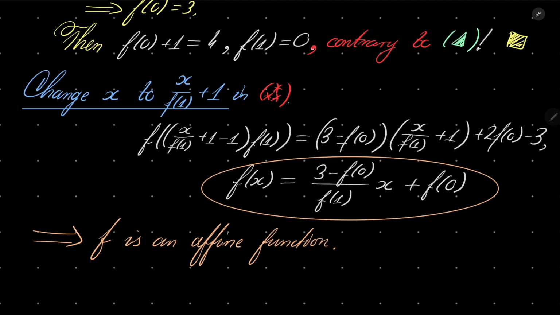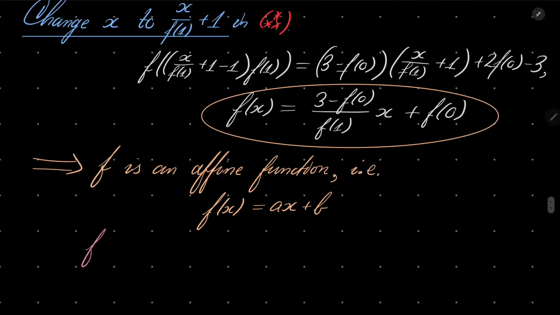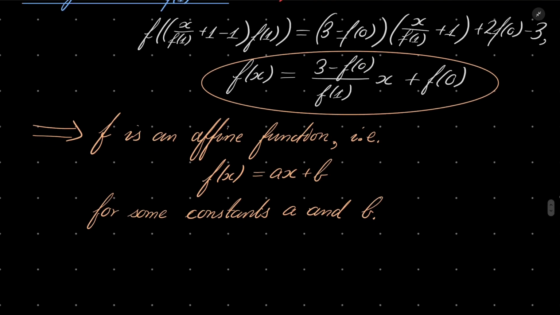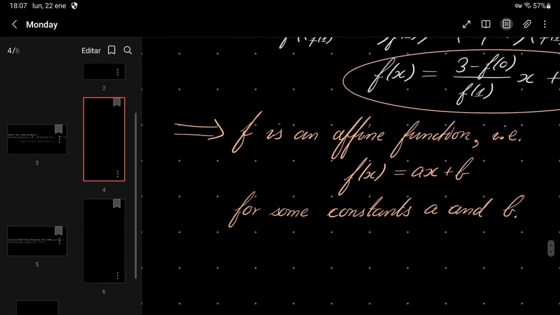That means, i.e., f of x equals ax plus b for some constants a and b. The rest of my reasoning will be finding the exact values of a and b. One connection between a and b can be found pretty easily.